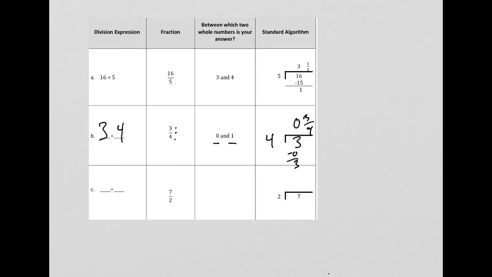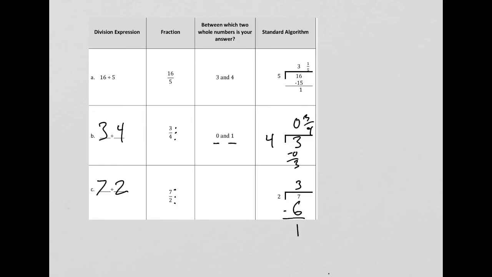This is a new column for us today. Okay, so C is giving us 7 halves, or 7 divided by 2. If I solve that with the standard algorithm, 2 goes into 7 3 times, because 3 times 2 is 6, and we get 1 as a remainder.